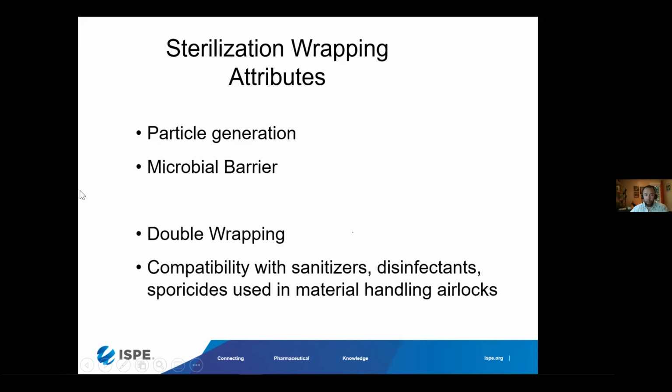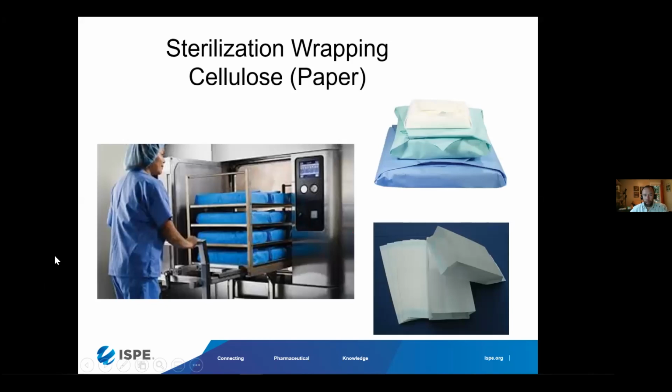or compatibility with different surface sanitizers, disinfectants, and sporicides. Again, this is to decontaminate the surfaces of the sterilization wrapping when you're moving the equipment from one clean room to the other. So really the legacy type of sterilization wrapping is this blue paper or cellulose-based wrapping.